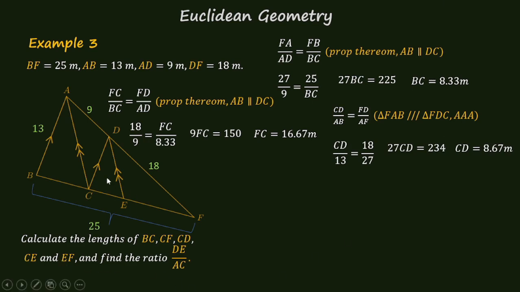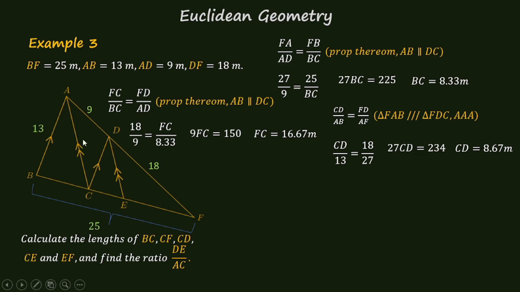Let's now look at the length of CE. For the length of CE, we have to look in triangle FAC. In triangle FAC, AC is parallel to DE. Remember the proportion theorem?